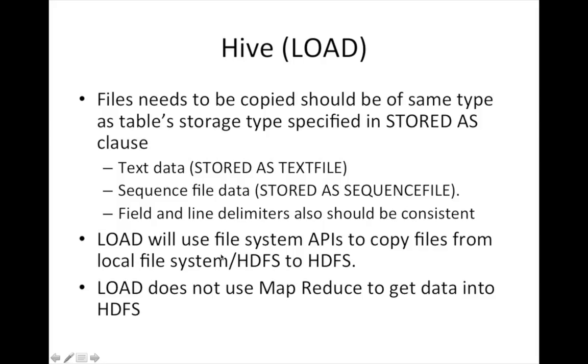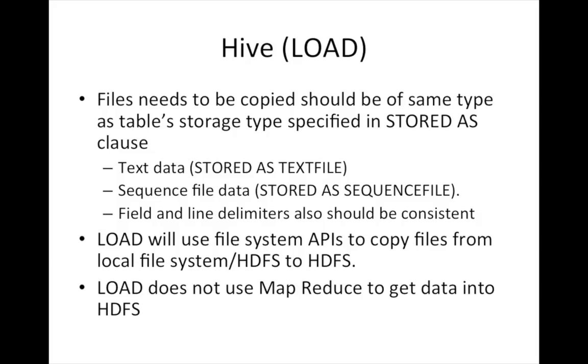What that means is the file properties and the Hive table properties should match for the file you are trying to copy from the stage location into the table. Otherwise, your results will be inconsistent when you try to query the data. Internally, you need not worry about the second statement.